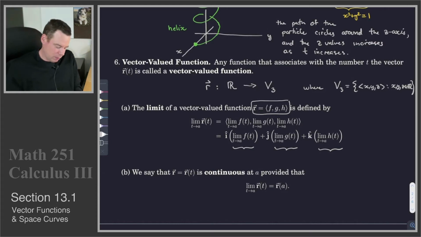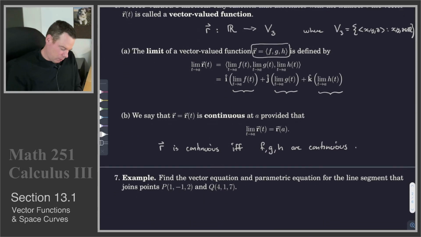So the limit of r as t goes to a is exactly r of a. What we get from this and the line above is that r is continuous as a vector valued function if and only if f, g, and h are continuous as functions of a single variable.